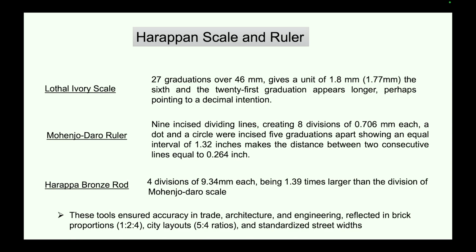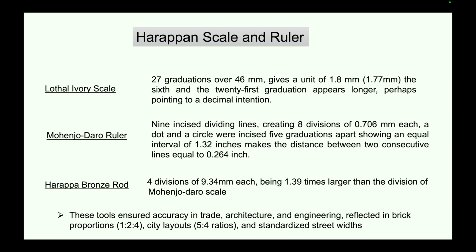Mohenjo-daro ruler: 9 inside dividing lines creating 8 divisions of 0.706 mm each. A dot and a circle were incised 5 graduations apart, showing an equal interval of 1.32 inches, making the distance between two consecutive lines equal to 0.264 inch.